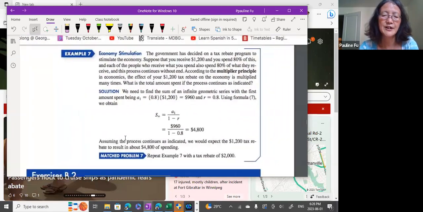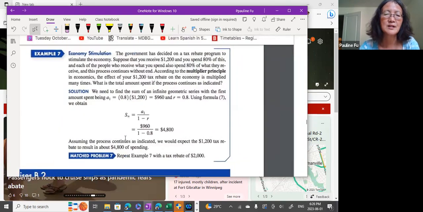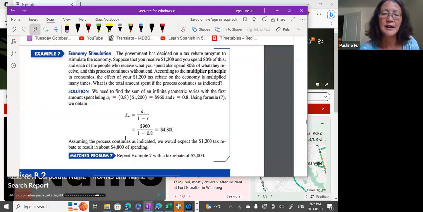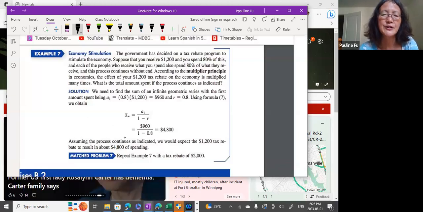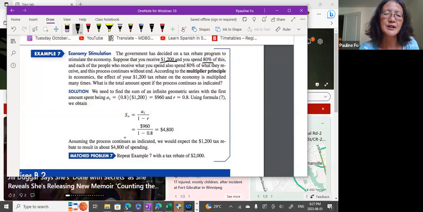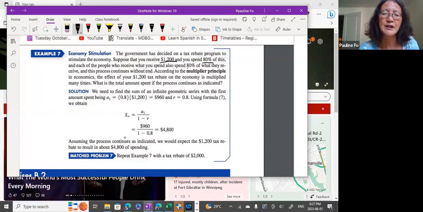Okay, let's look at an example. Economy stimulation. The government has decided on a tax rebate program to stimulate the economy. Suppose that you receive 1,200 and you spend 80% of this. And each of the people who receive what you spend also spend 80% of what they receive.